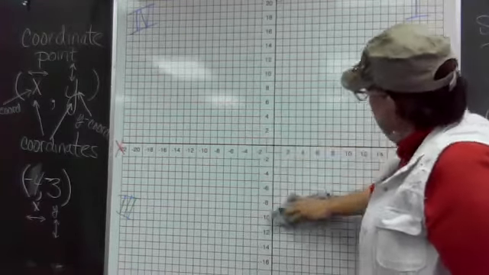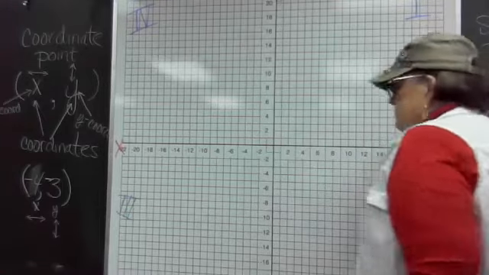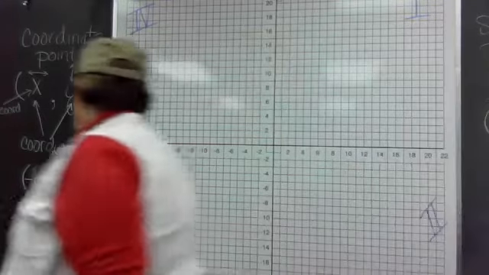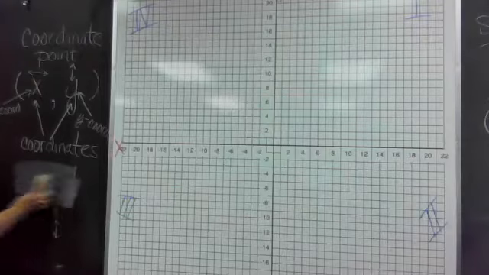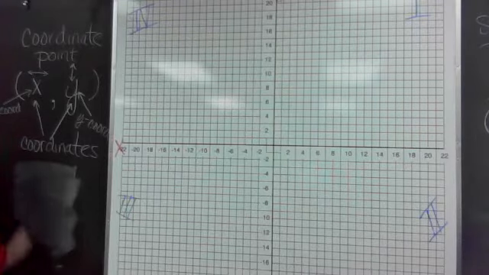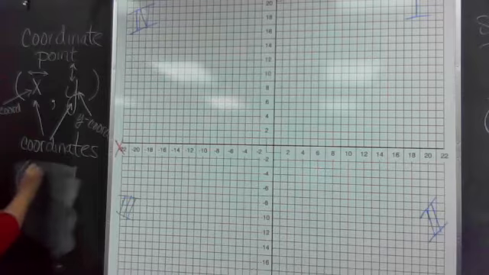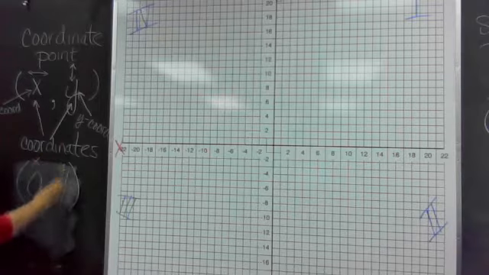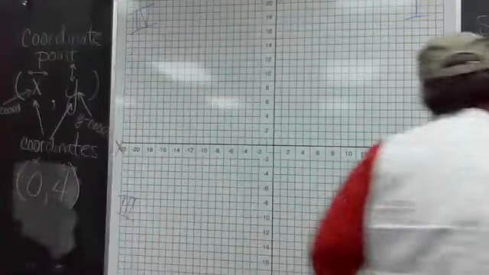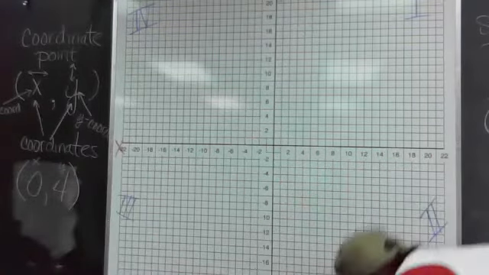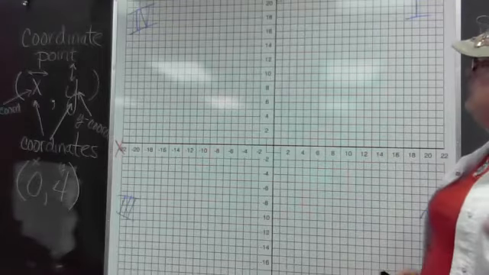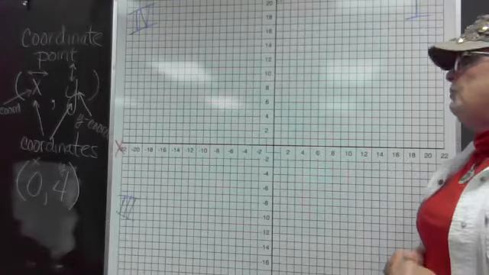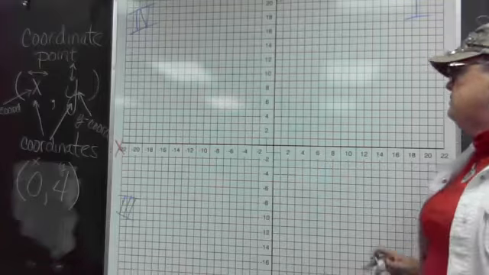Okay, there is one more that I want to address. I want us to find this point, 0, 4. This is the x-axis, this is the y-axis. Now, if you break this down and go slowly, you will be able to do it just like we did the other points.